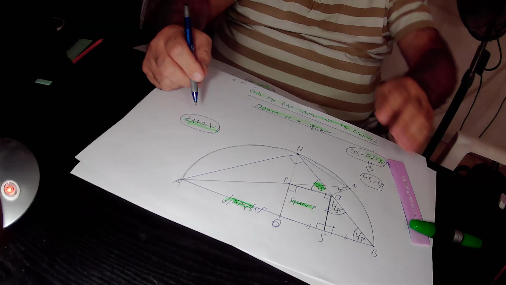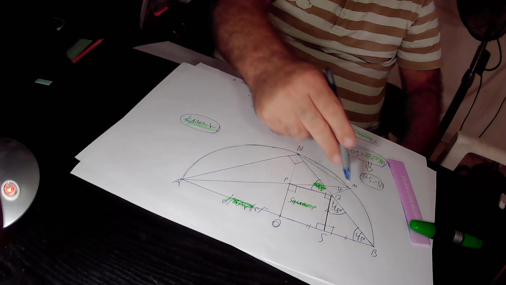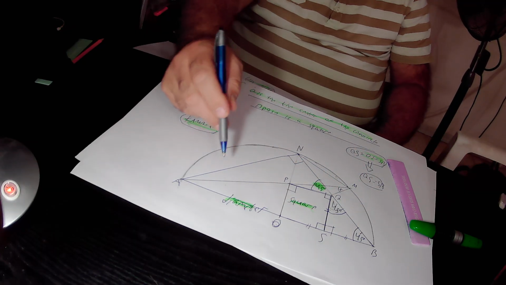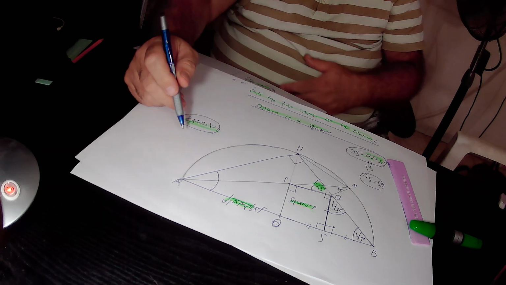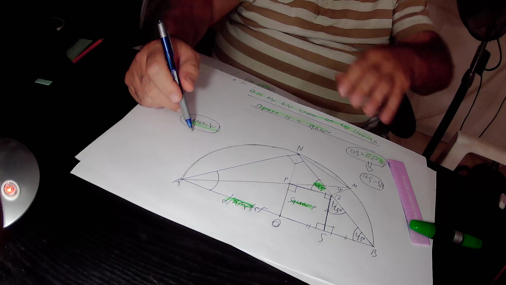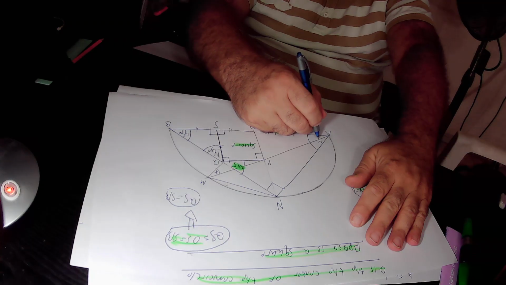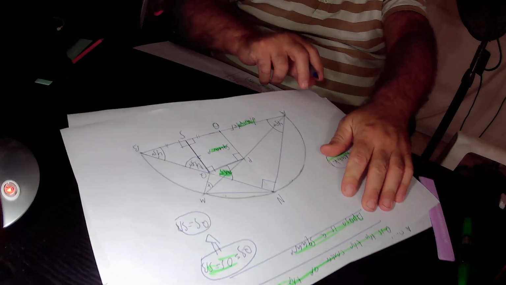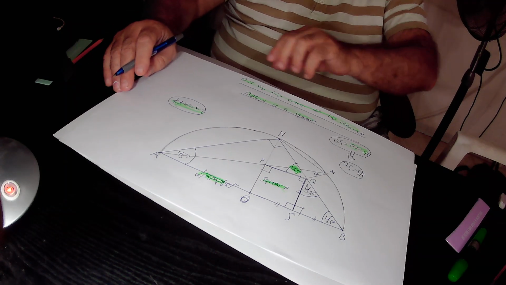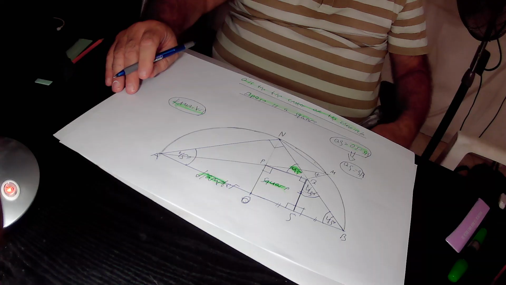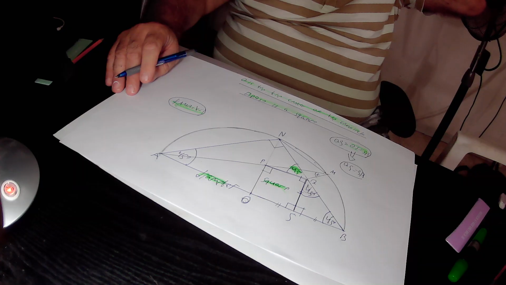We continue to focus on this right triangle ANB. In the right triangle ANB, this angle equals 45 degrees, this angle equals 90 degrees, and therefore this third missing angle must be equal to 45 degrees in its size, according to the rule that the sum of the angles in any triangle is equal to 180 degrees. In any triangle, in front of equal angles, we have equal sides.